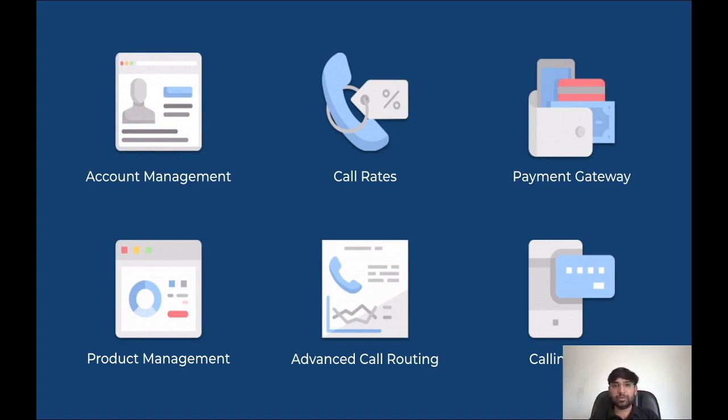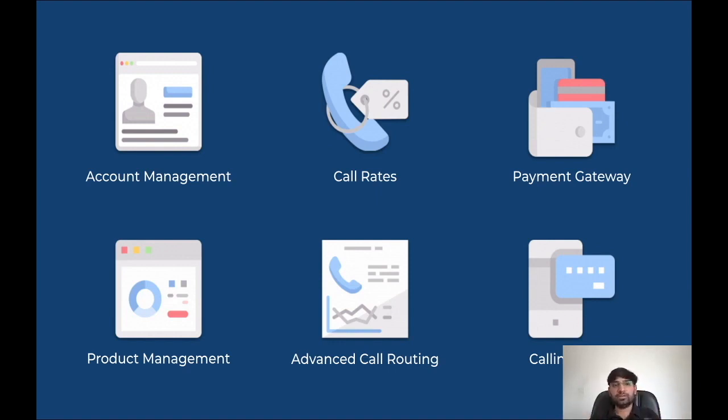We have a product management. In the product management, we have specifically two categories. First is free bundles, free minutes bundle, and second is subscription. So a free minute bundle is something like if you want to offer 10,000 free minutes of India to your customers at a specific rate every month. So you can create a number of free minutes bundles and allocate them to your customers.